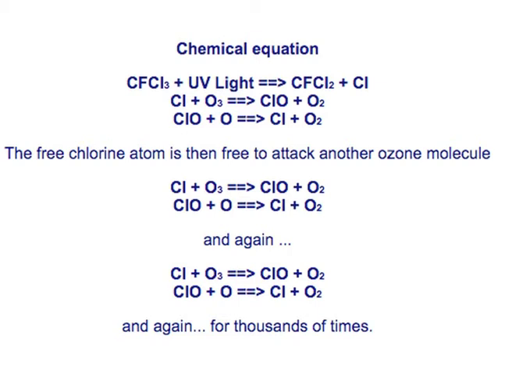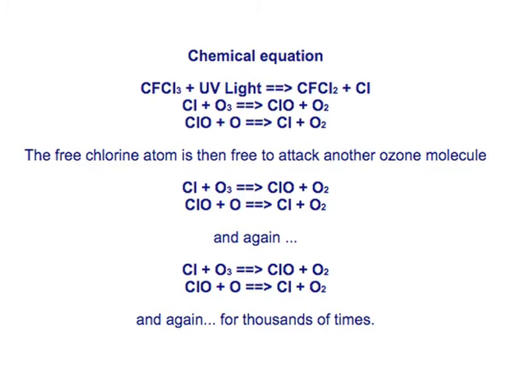So, this chlorine actually is the major culprit in breaking down the ozone layer. Now, what happens when chlorine reacts with ozone? Chlorine reacts with ozone. It breaks down the ozone layer and gives rise to chlorine monoxide and oxygen.